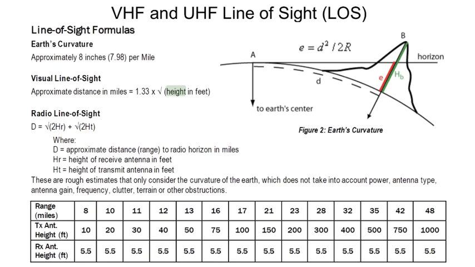So if we think about this in reverse, where maybe we have a command post and someone out in the field only talking at 5.5 feet, if the command post antenna is 50 feet in the air, they might potentially be reached from 13 miles away.